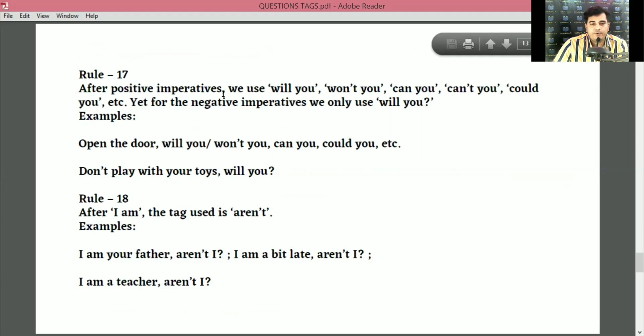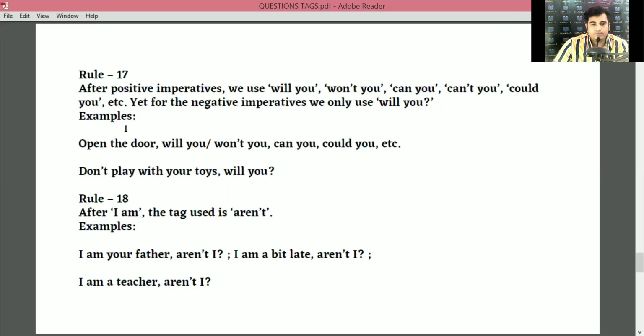Rule number 17. After a positive imperative, we use will you, won't you, can you, can't you, couldn't you, or could you. Yet for the negative imperative, we only use will you.